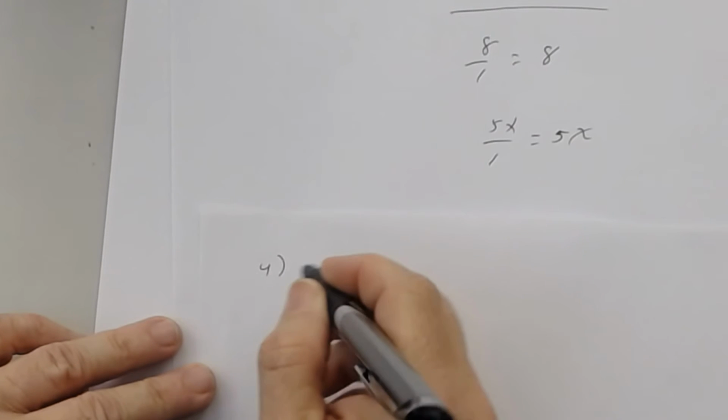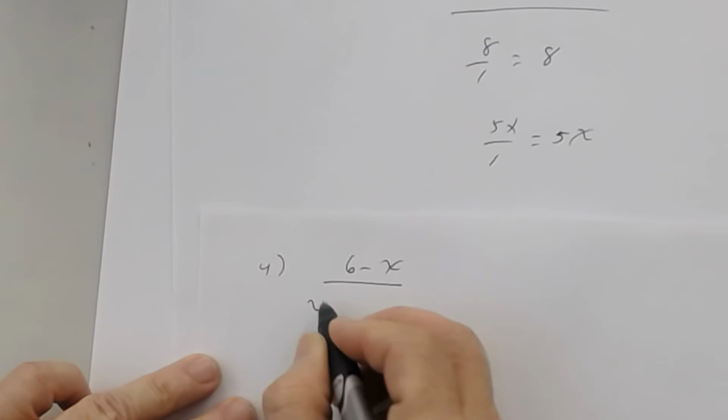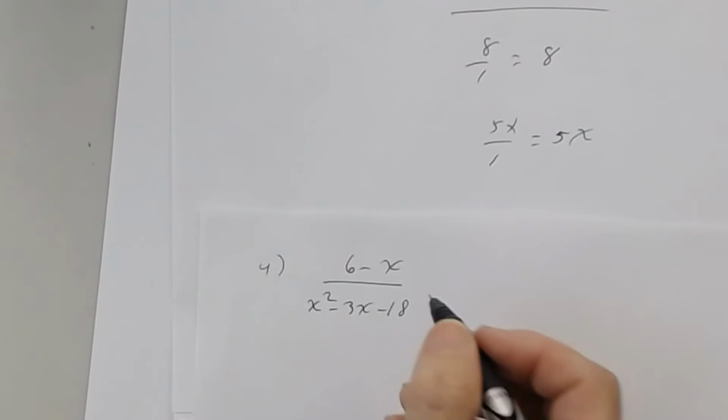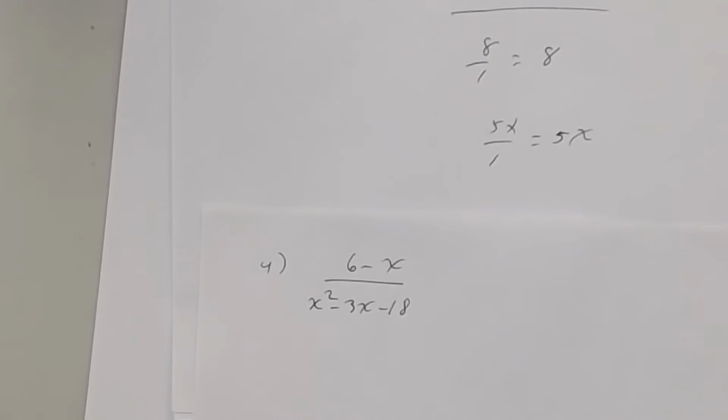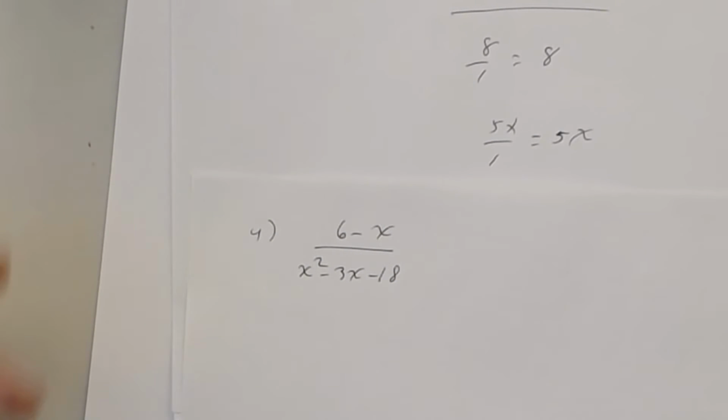Number 4. You have (6 minus x) divided by (x squared minus 3x minus 18). Okay, now what? You're going to factor. What part of this expression can I factor?